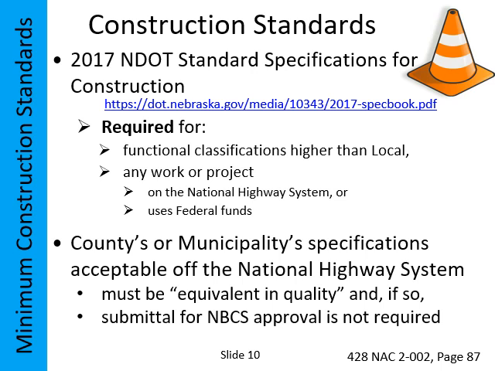Lack of attention to good construction standards can lead to early failure of your facility, that is, a shortened life cycle. That concludes this discussion on Minimum Construction Standards, Title 428, Nebraska Administrative Code, Chapter 2, Section 2.